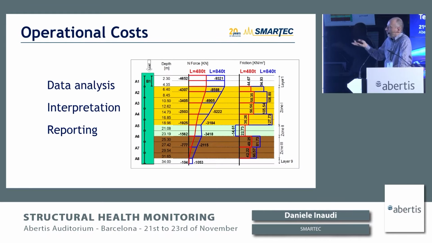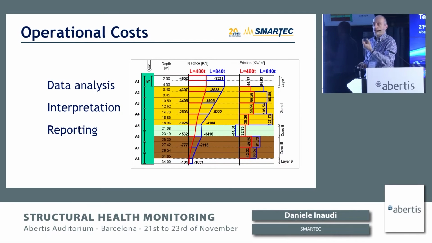Data analysis, interpretation, and reporting, that's important. We will see in some cases it might be trivial to analyze the data. If you're looking for a movement and you measure the movement directly, maybe it's very easy to analyze. In other cases, there might be a need for more sophisticated data analysis and interpretation to go from the raw data to an information that the owner can use to make decisions.